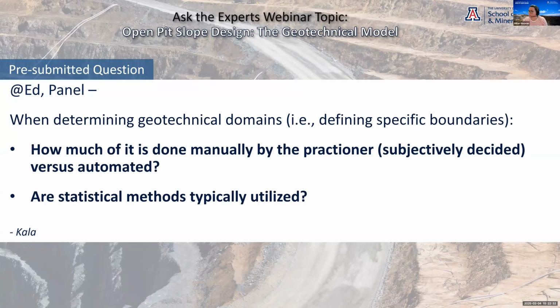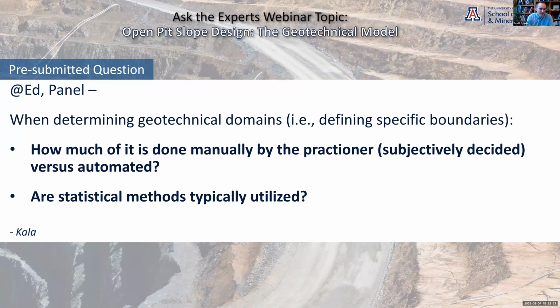All right, any other comments? Yeah, I definitely agree totally with everything Ed and Julia just said. It's all really great. Just to the early career professionals out there, I thought I'd throw in that when starting the domaining process, you always want to start with the geology first.